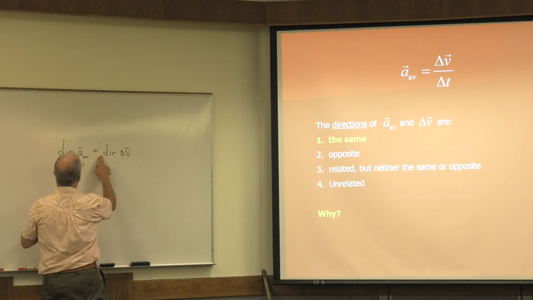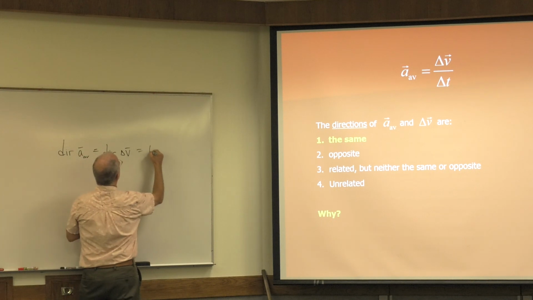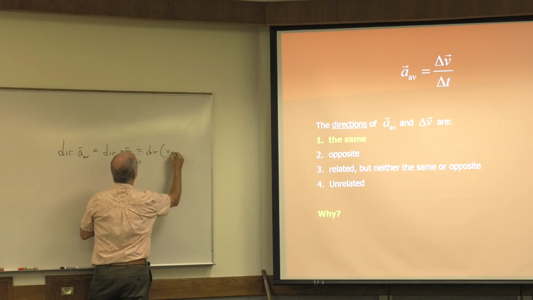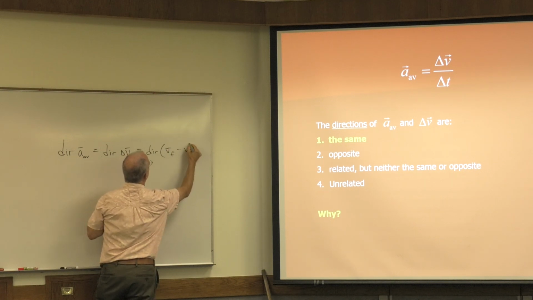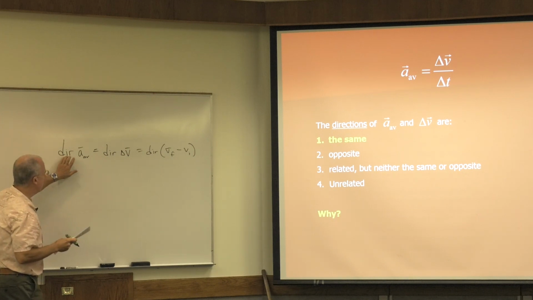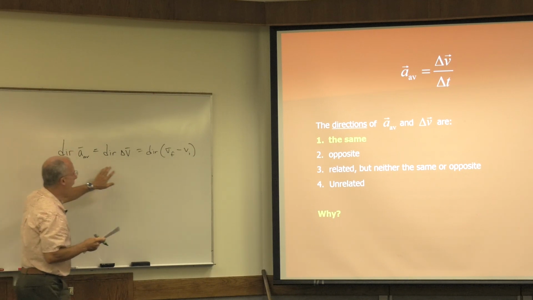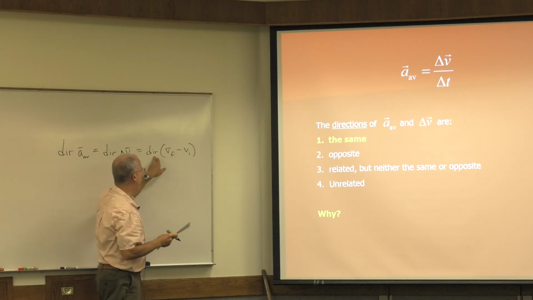How do you find the direction of delta V? Well, what is delta V? So this means the direction of V final minus V initial, okay? So in order to find the direction of A average, all you need to do is do the vector subtraction and find the direction of that.